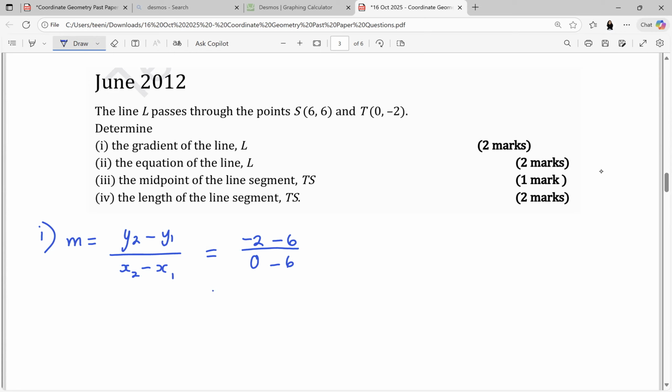So this will give me -2 take away 6 is -8 over 0 take away 6 is -6. This is going to be positive because a negative divided by a negative is a positive. And you can reduce this: 2 into 8 is 4, and 2 into 6 is 3. So the gradient is 4/3. Anybody got 4/3 as a gradient?